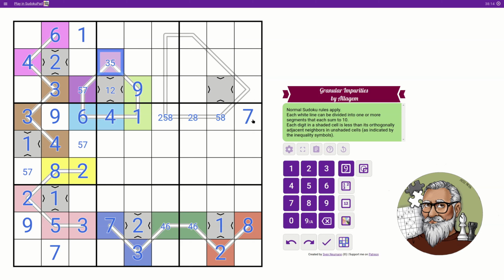That still doesn't matter. And if this is 8-2, we don't know what that is. But that becomes a 5, and this is then 1-4 or 2-3. Again, we don't know. I did think that this was going to be difficult, but I didn't know how difficult.